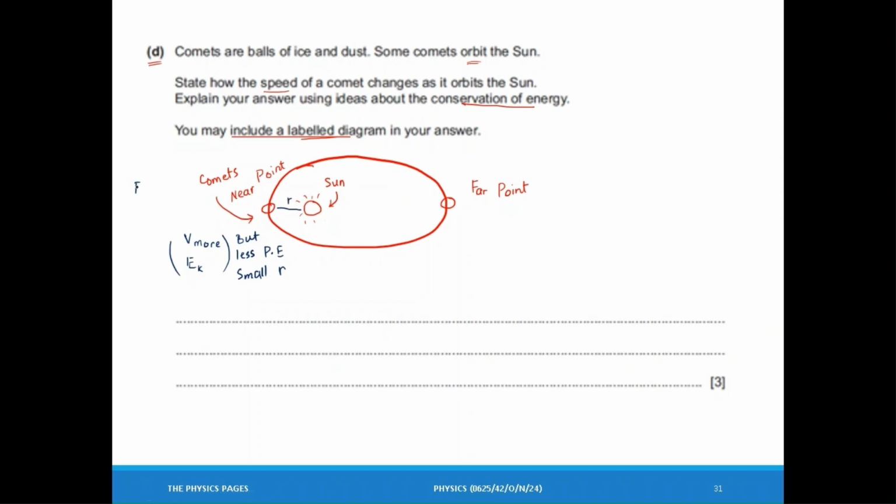Keep it in mind that total energy is conserved, which will remain the same throughout the orbit.